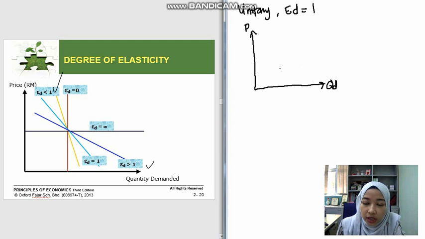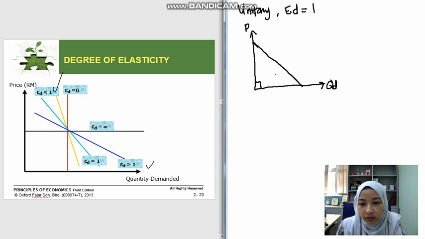Okay, maybe you can try and draw on your own so you can get used with the graph sketching and so on. Okay, for this kind of example. Alright, so a unitary elastic demand curve will have a constant curve like this. So when you connect the two axes, you will have a perfect curve.